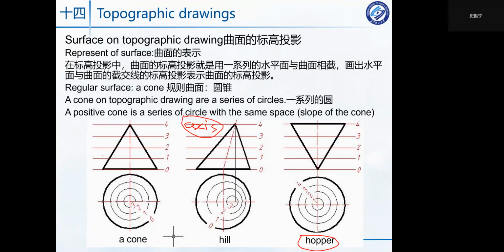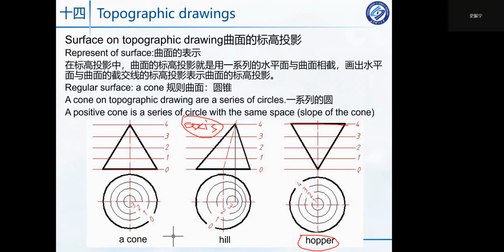You can think of it as a cone with a different direction. At the top of the hopper is a big circle, and then it gets smaller as the elevation descends.